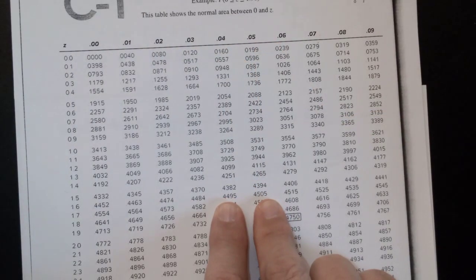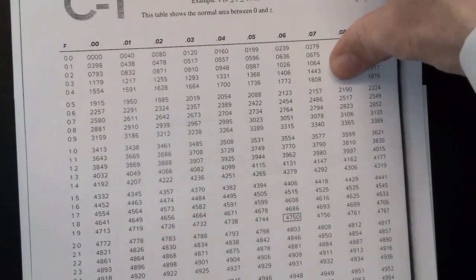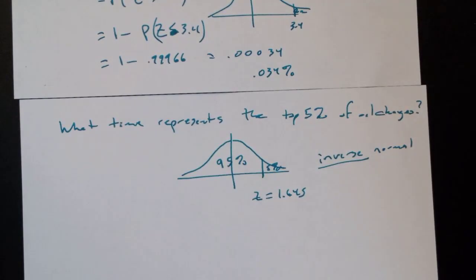So I split the difference in half and do 1.645. And now I can convert that back to a time.